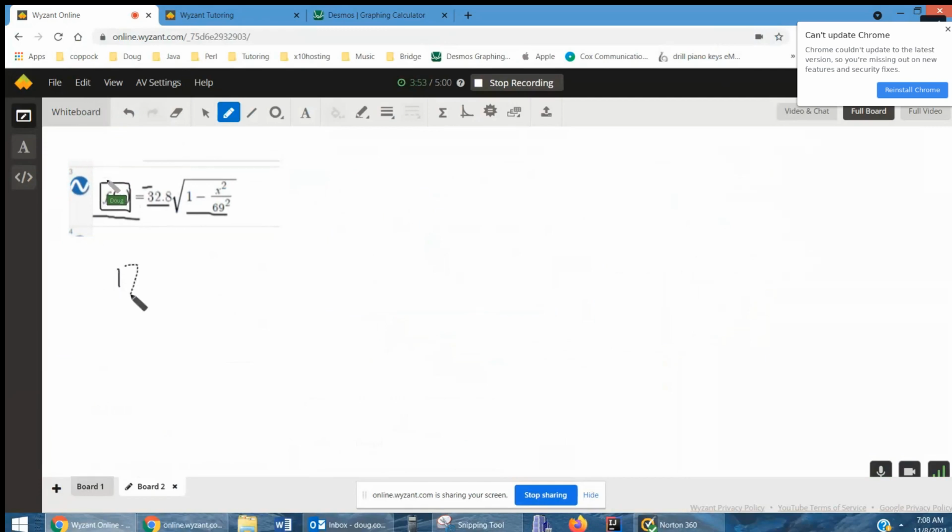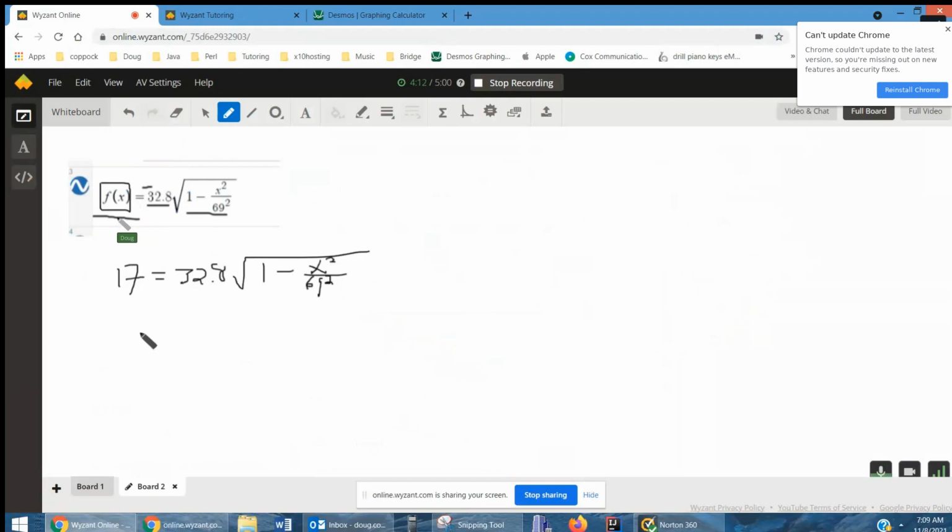So here's what we're trying to solve. 17 equals 32.8 times the square root of 1 minus x squared over 69 squared. I want to know what value of x will produce a y value of 17.